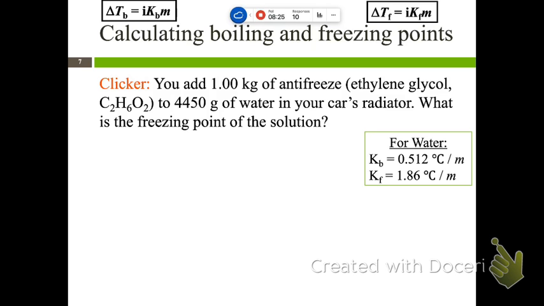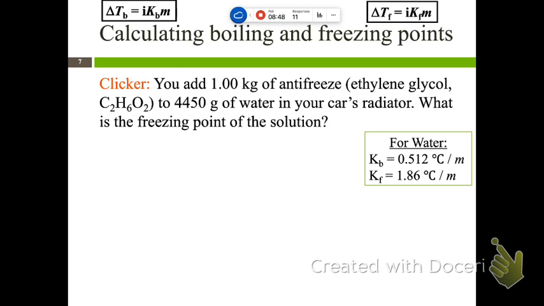Did I get the wrong molar mass? Yeah, it's definitely not 300, it's like 60. What is it? 62.07. What did I look up?